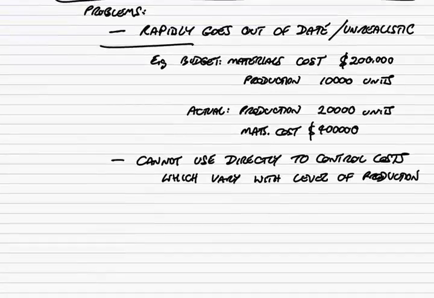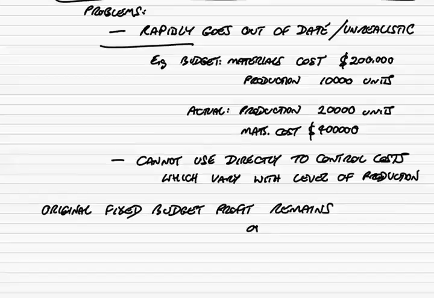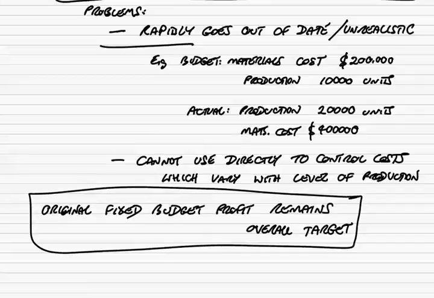What's important is the original fixed budget profit remains the overall target. Not line by line the cost or the revenues necessarily, but the overall profit.